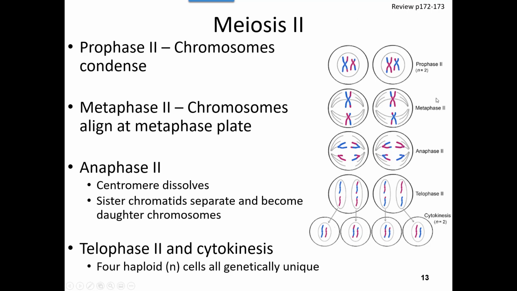Those spindle fibers will line those chromosomes single file in metaphase II. They're going to get yanked apart in anaphase II. In telophase, we're going to get that nuclear envelope reappearing, and ultimately that cell is going to divide in half and we have 2 new cells. So this looks pretty similar to mitosis. It's kind of the exact same thing happening. We're just dividing those duplicated chromosomes in half.